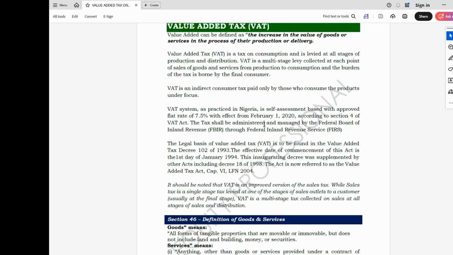It is only collected by FIRS, unlike other types of tax, like the withholding tax, which is collected by both FIRS and the state.